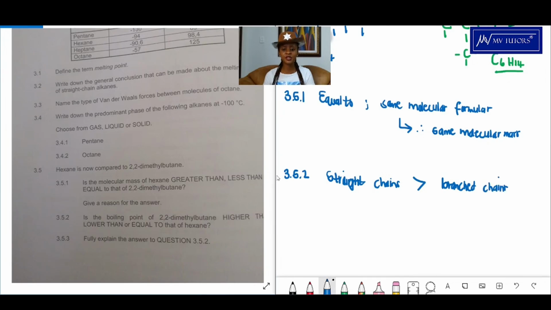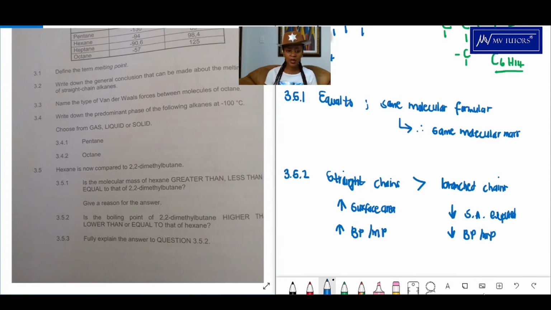Okay, why is that? The straight chains have a higher surface area. These ones have a smaller surface area that is exposed. So the branched chains have a lower surface area that is exposed, whereas straight chains have a higher surface area that is exposed, and therefore the straight chains will have a higher boiling point or melting point, and the branched chains will have a lower boiling point or melting point.